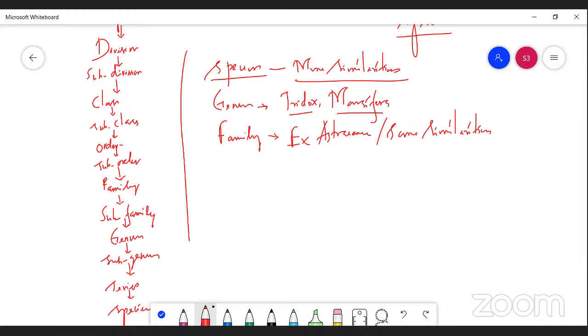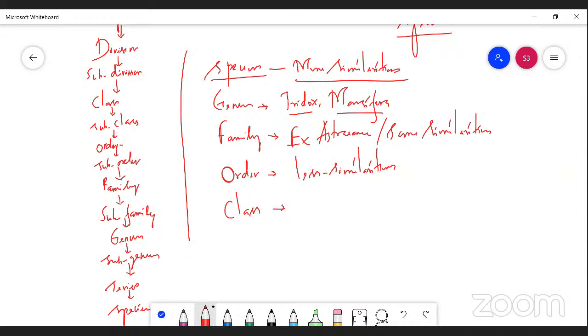So first species, second genus, then family, then order. A number of families are grouped together to form an order. All the orders have fewer similarities. Then class.